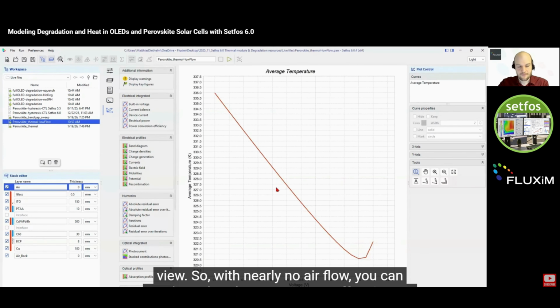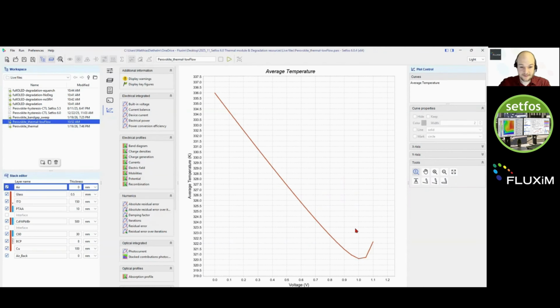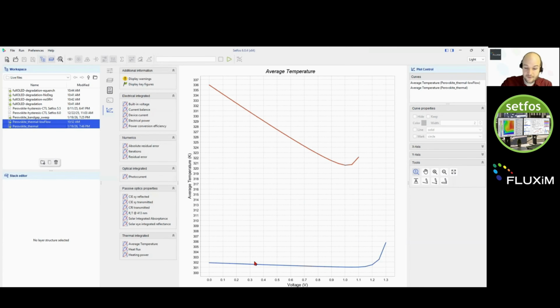So with nearly no airflow, you can see that the temperature effect is now quite drastic compared to the case with very strong airflow. So with this model, you can look into this.